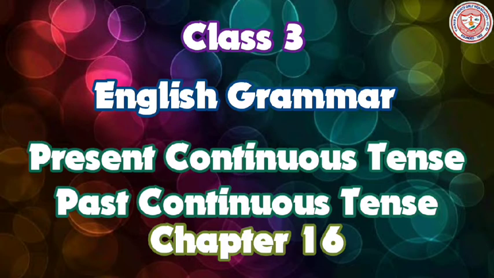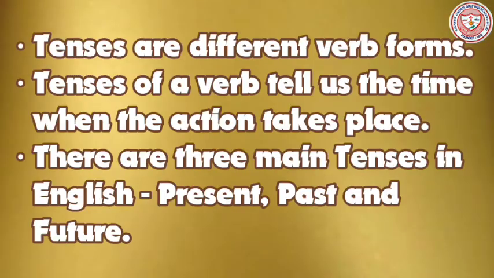But before discussing the continuous tenses, let's discuss simple tenses once again so that you can understand the differences between simple and continuous tenses. You already know that tenses are different verb forms.